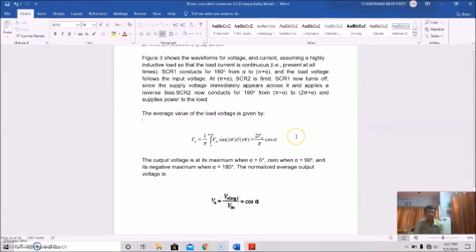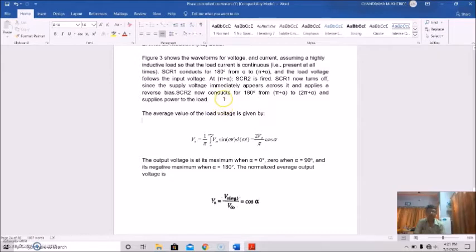Its waveforms are as shown. This is the voltage and current, assuming a highly inductive load so that the load current is continuous, that is, present at all times. So SCR1 conducts for 180 degrees from alpha to pi plus alpha, and the load voltage follows the input voltage.